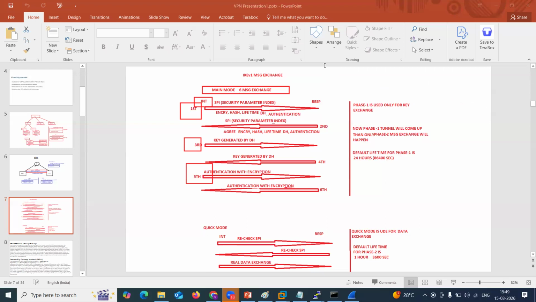Don't go for quick mode. Don't go for aggressive mode. Only go for main mode. Understand only main mode, nothing else. Don't run after anything else.